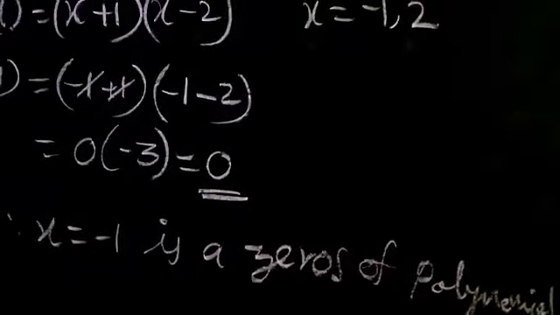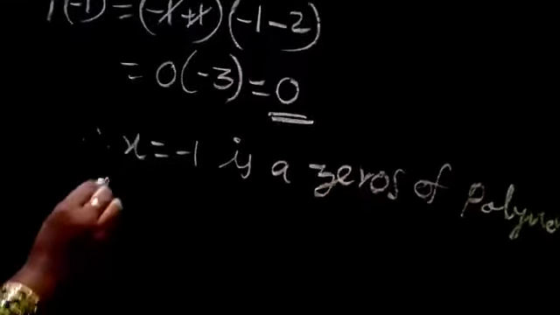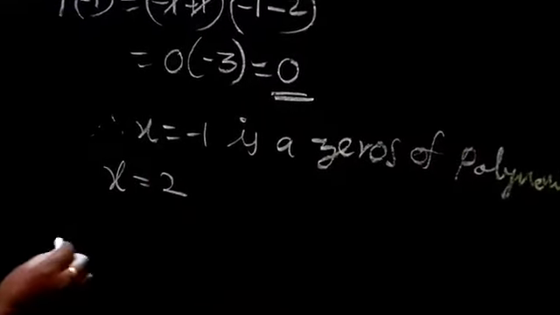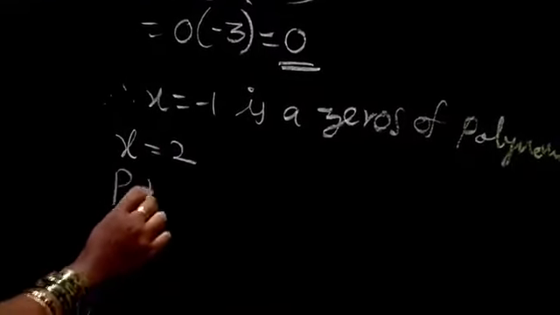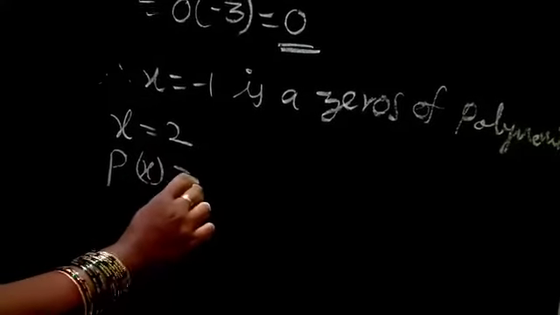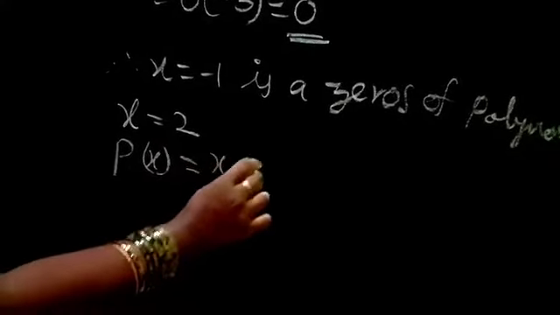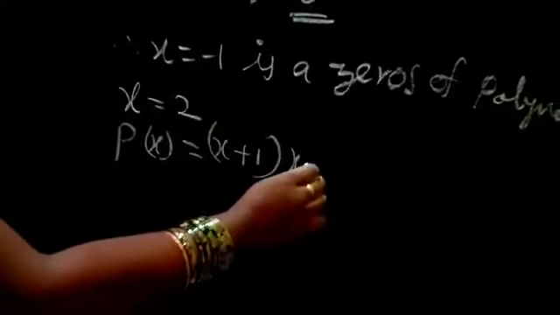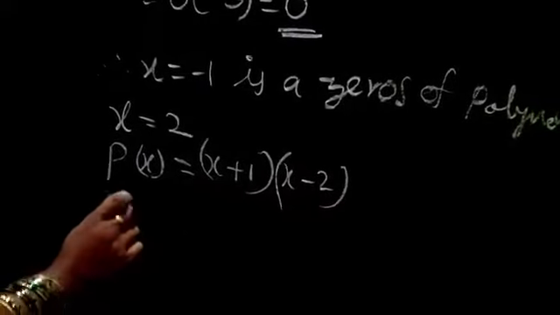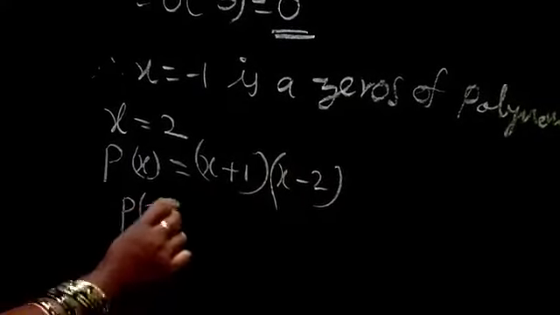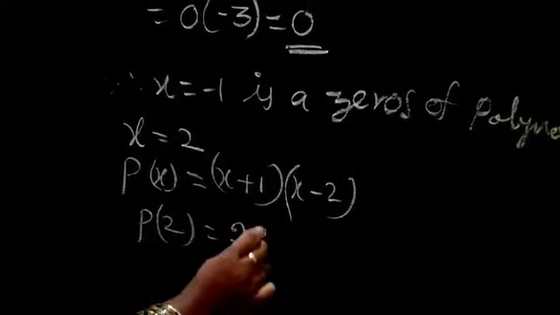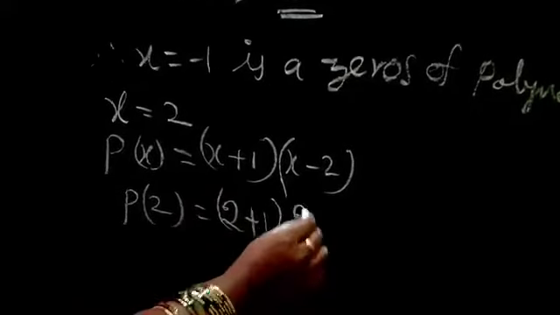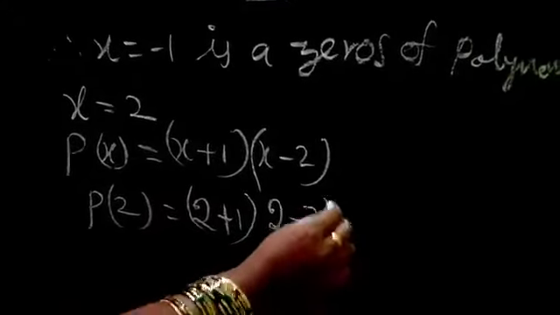Next we are going to apply x equal to 2. So P of x equal to, our question is x plus 1 into x minus 2. Therefore P of 2 equal to 2 plus 1 and 2 minus 2.